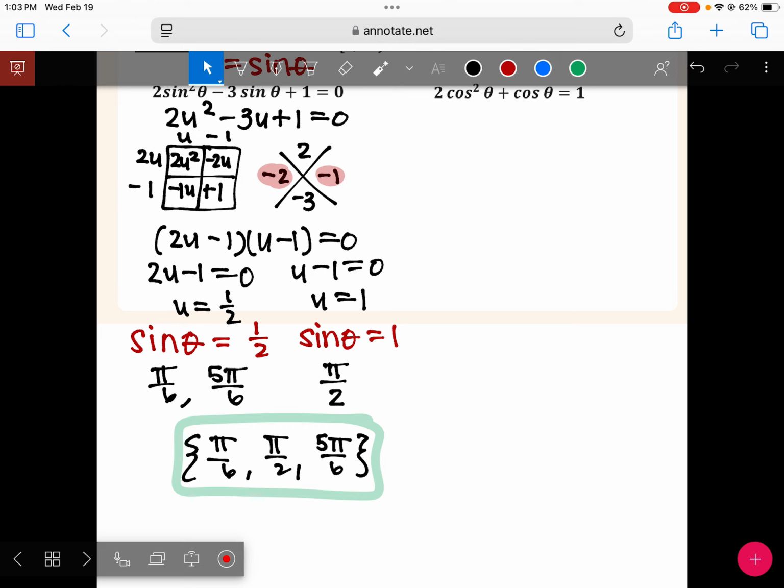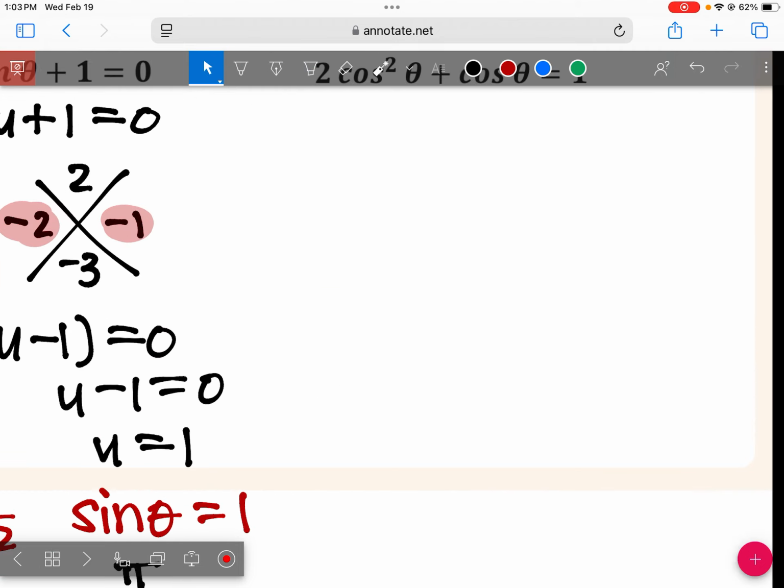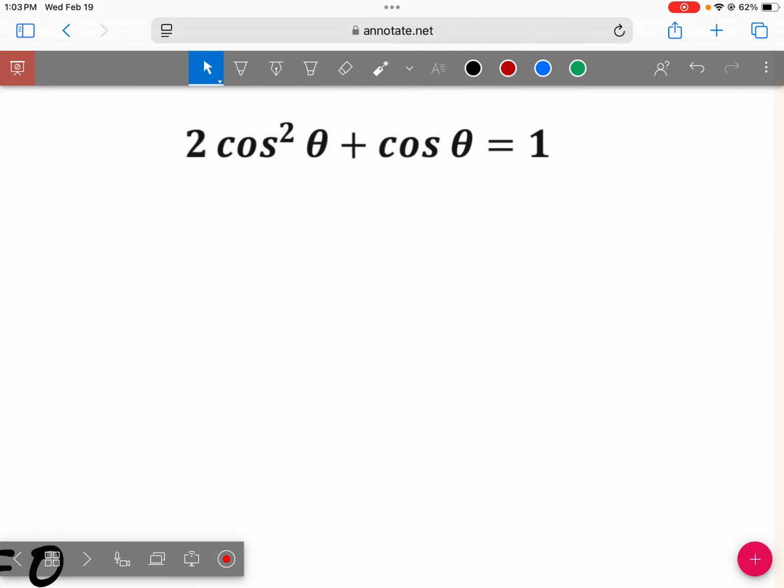Is everyone cool on that one? Does everyone remember our factoring? Perfect. So we're going to come up here, and the only thing I'm going to do before I let you fly the nest is I'm going to subtract this 1, and we're going to get this equal to 0.